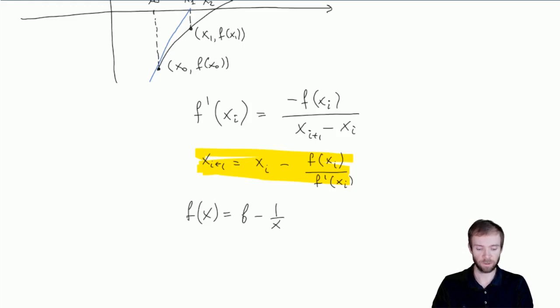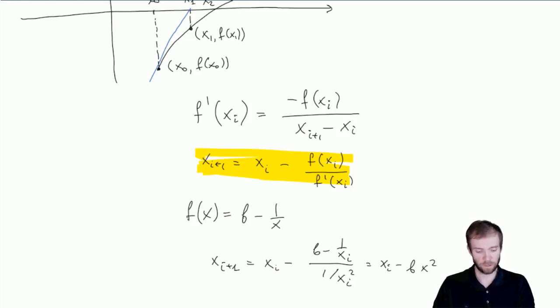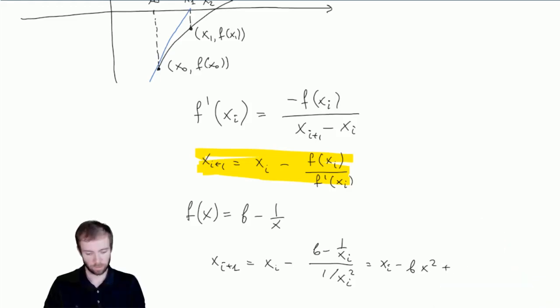Now, if we plug this function into our formula, we get x_{i+1} is equal to x_i minus b minus 1 over x_i, and in the denominator, we have the derivative. And the derivative of this function is 1 over x squared. So here we have x_i and x_i. And we see that it is actually equal to x_i minus b x_i squared plus x_i.